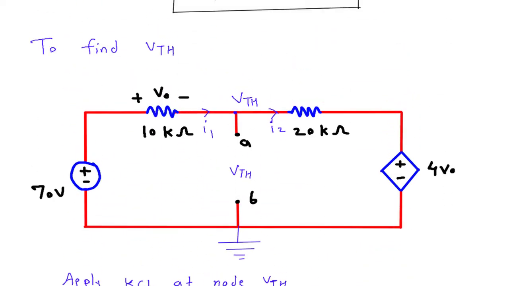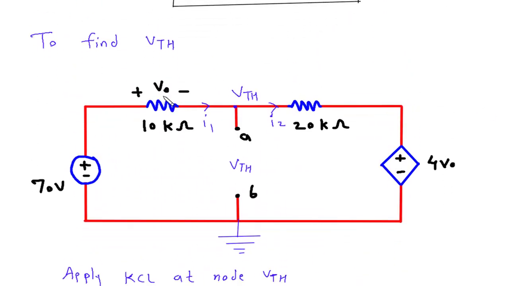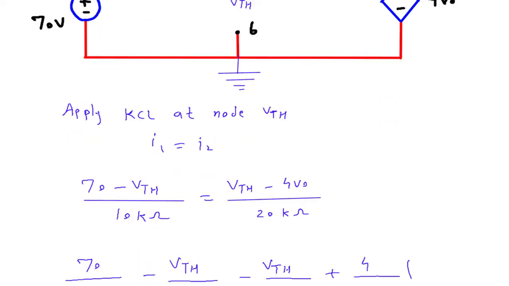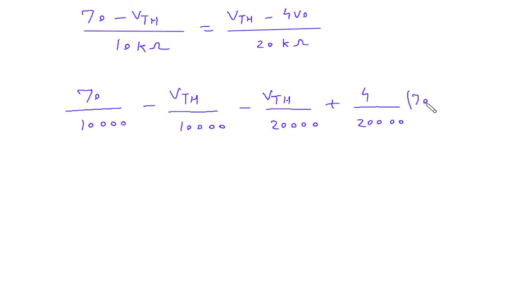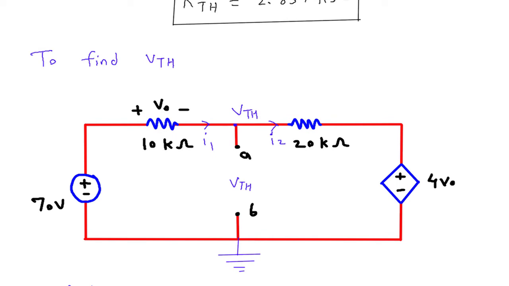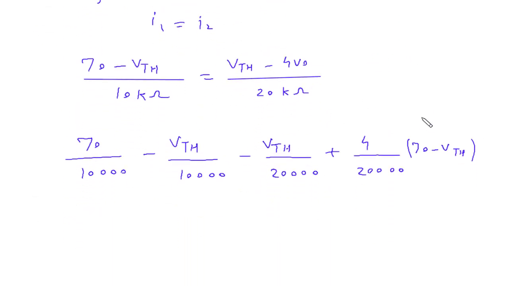Now in place of VO we can write VO is equal to 70 minus VTH.